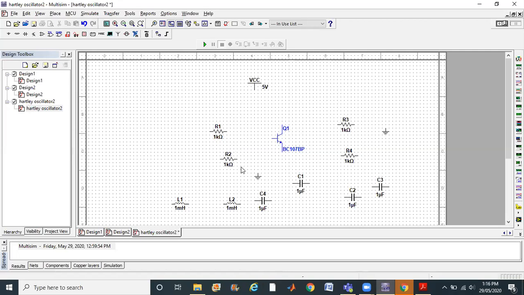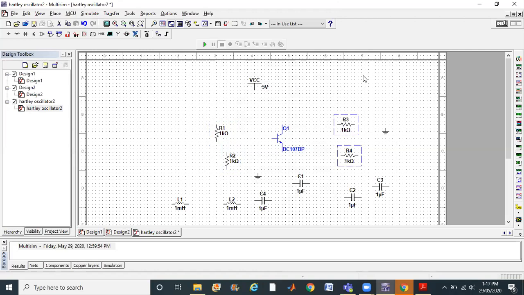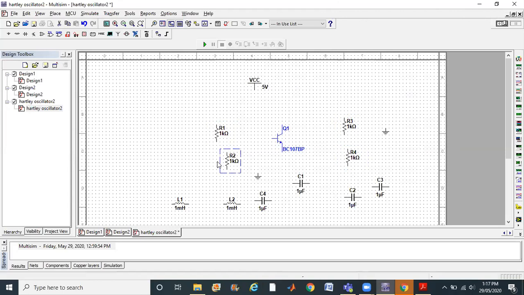Now I'll rotate this resistor 90° clockwise, and similarly these two. Then I'll move this side. I'll connect this to the VCC. Next, before connecting it, I'll place this resistor.